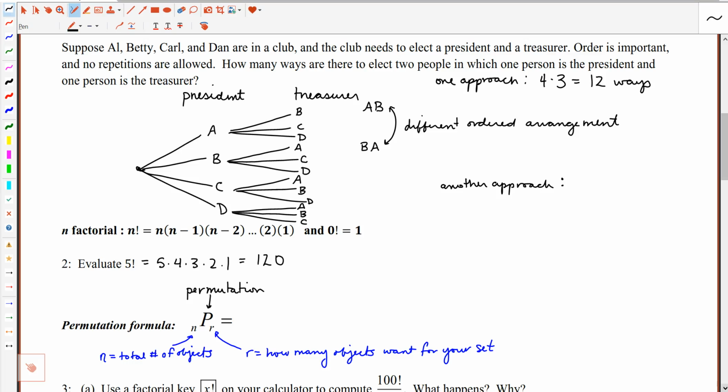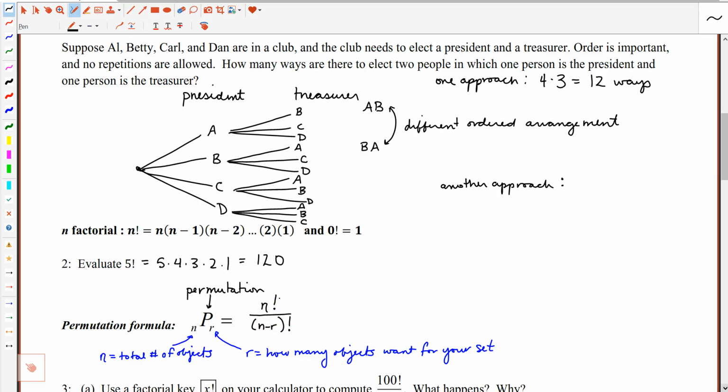So the formula to compute this would be n factorial in your numerator, and then in your denominator it would be n minus r. You do that subtraction first, and then you apply the factorial.